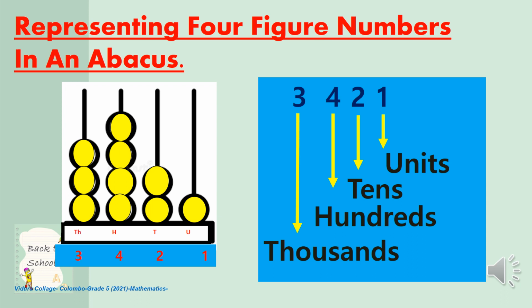And then you have to place the beads of the abacus according to the digit values. Units, we have 1 in the units column, so only 1 bead. In the tens column, the digit is 2, so you have 2 beads. Hundreds, 4 beads. And thousands, 3 beads.